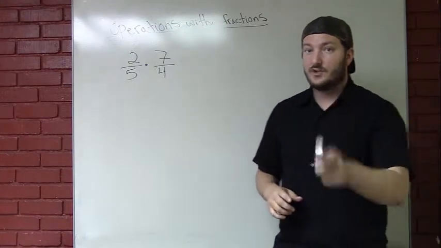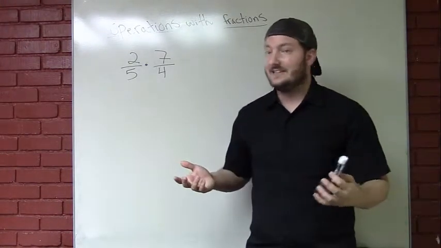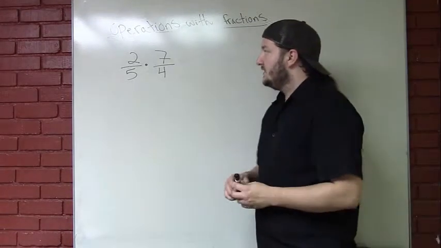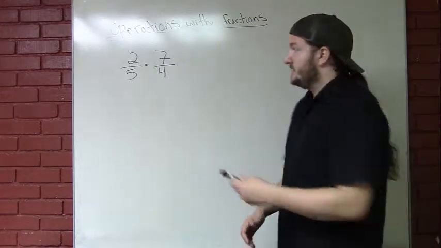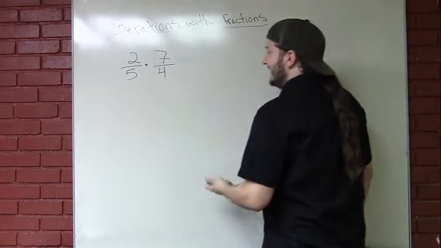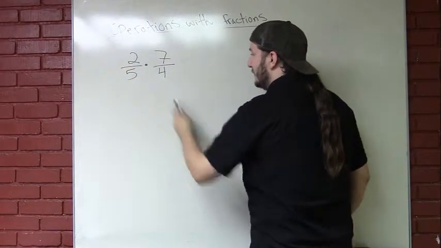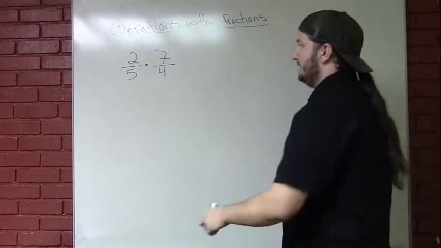But there is a trick that, when it's applicable, makes this much easier to do. So what you can do is you can call it cross-reducing. So you look at the diagonals here, okay? And you say, is there any number that can go into this number and this number evenly, okay?